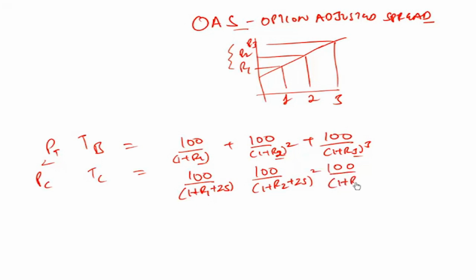Similarly to R3, we will need to add a small spread, that is a slightly higher rate, to compute the price of the corporate bond. So remember, Z spread or zero volatility spread measures the credit risk in a bond.